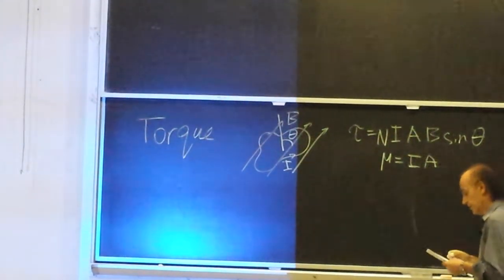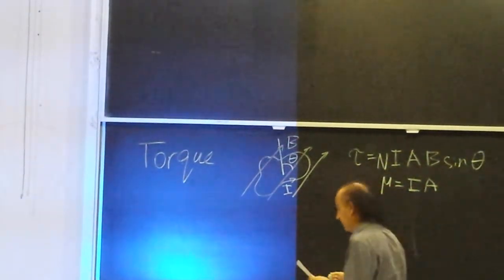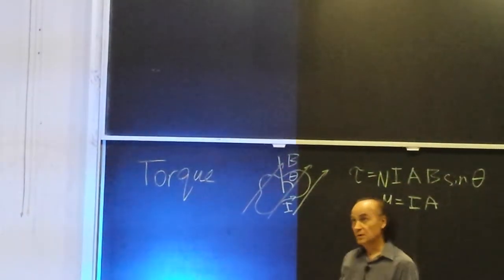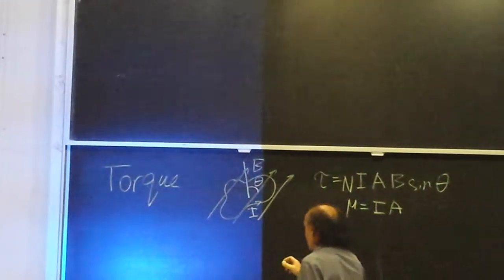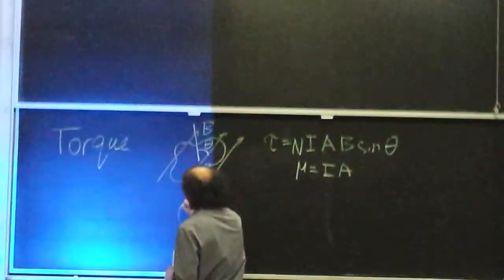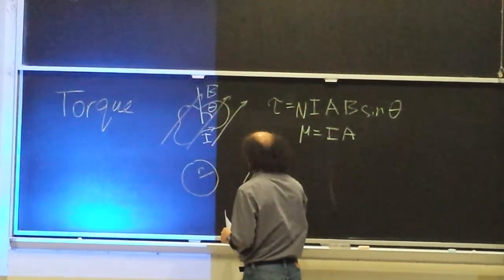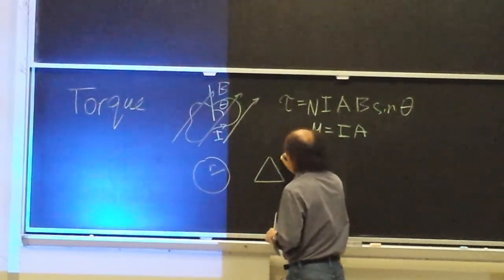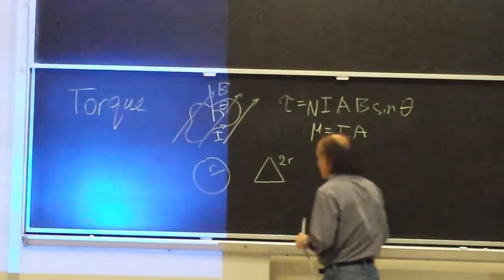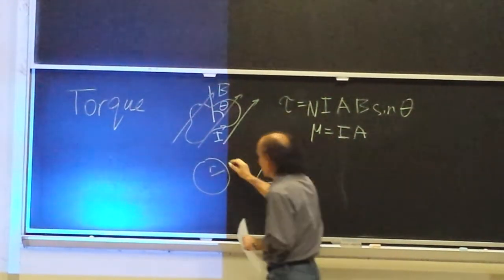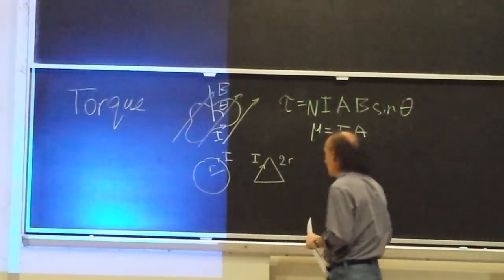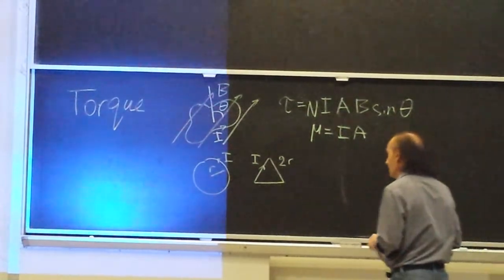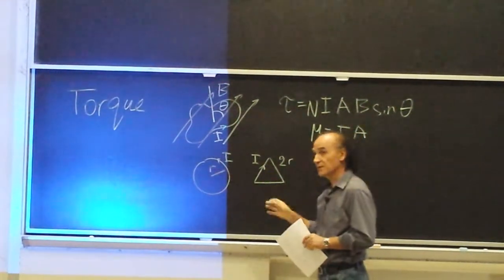For example, if you have a number of circuits of different shapes, suppose one is a circle which has radius r, one is an equilateral triangle which has side of 2R, and in both cases you have the same current. Here you have I, here you have I, the same current, and they are in the same magnetic field.